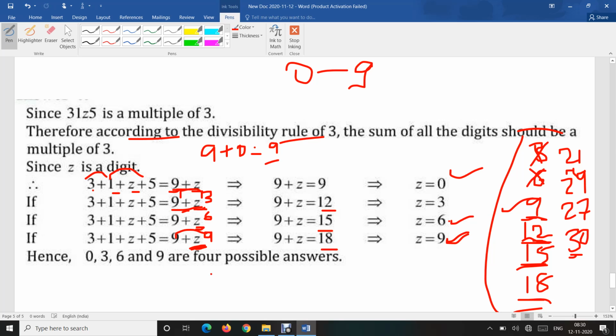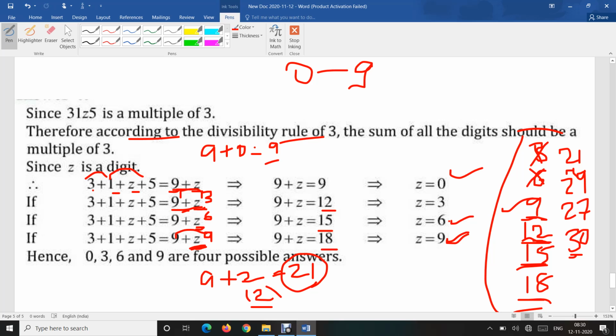The next is 9 plus z. If it should be equal to 21, then what will be the value of z? The value of z should be 12 to get 21.